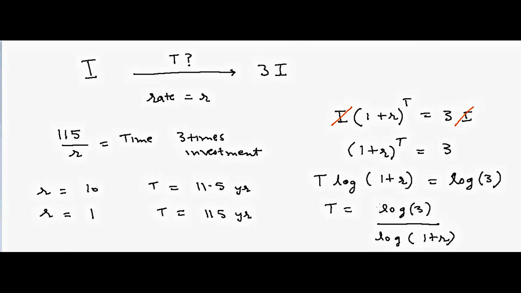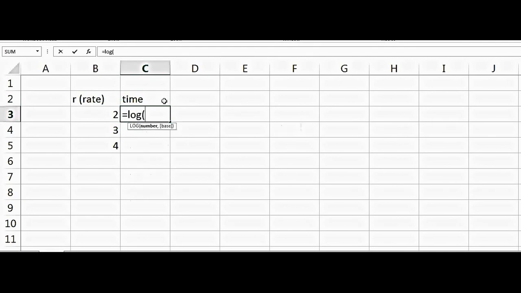So let's try to solve this equation in Excel. If I go to Excel, suppose R is my rate, and the rate varies from 2, 3, 4, and our time will be equal to log of 3 divided by log of (1 plus rate).